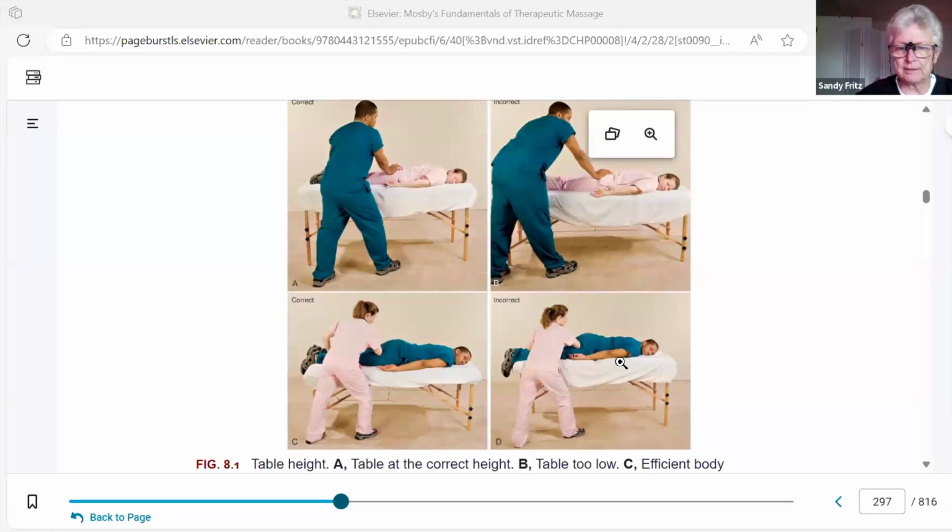Now, if she was addressing the arm, then the table height would be about right. But if you're in these thicker areas of the body, that's where the height adjustable table is so helpful. You could bring the table down a little bit while you're working in this area, and then you could bring it up a little bit while you're working an area that isn't as thick, like the arm.